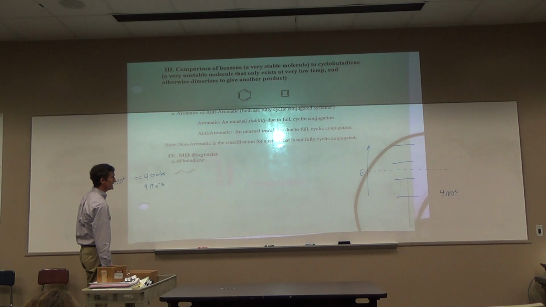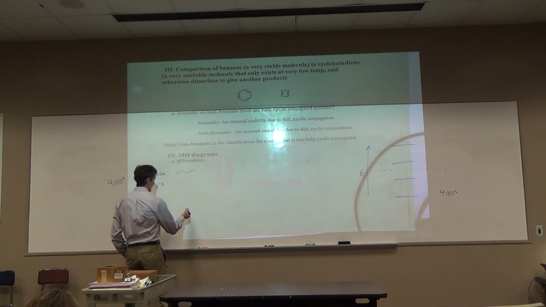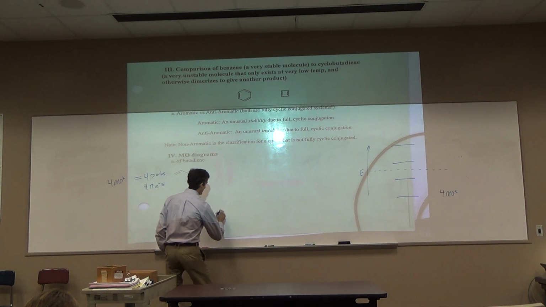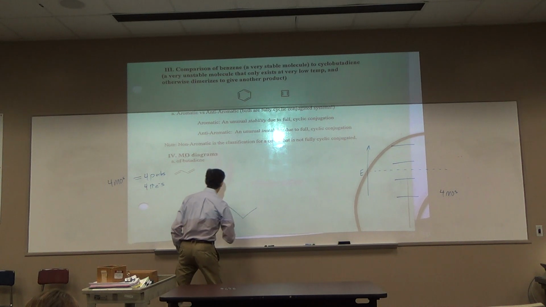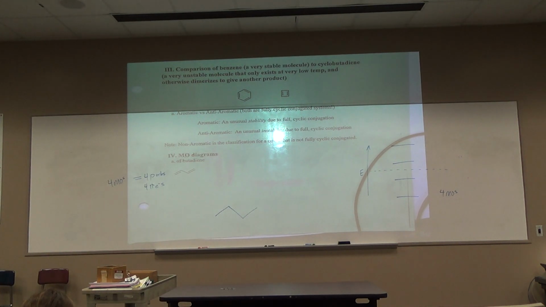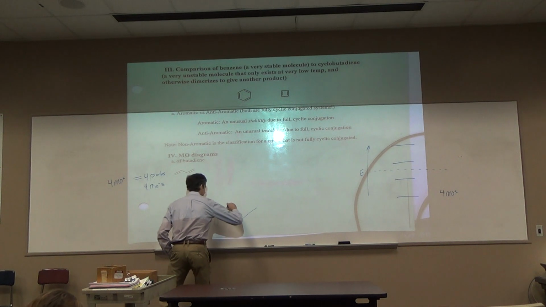Well, one way to get at that is to draw the overlap. I'm going to come down here. Okay, you got p orbitals here.